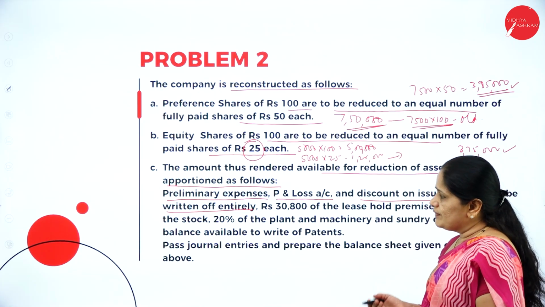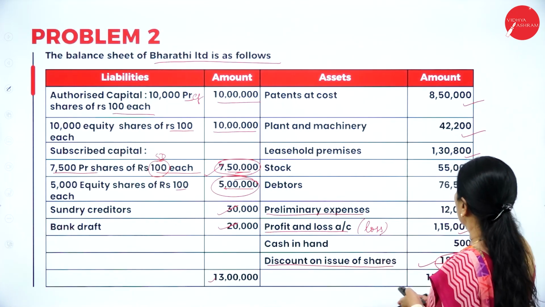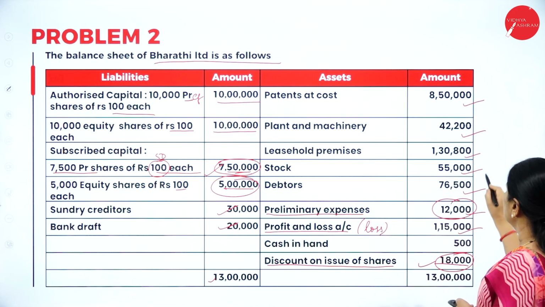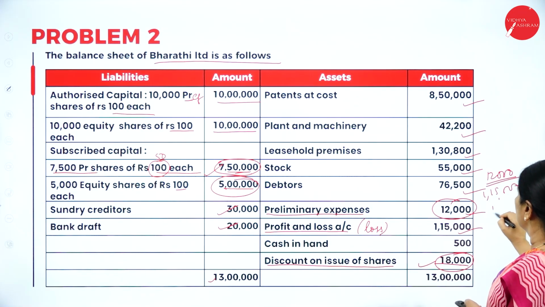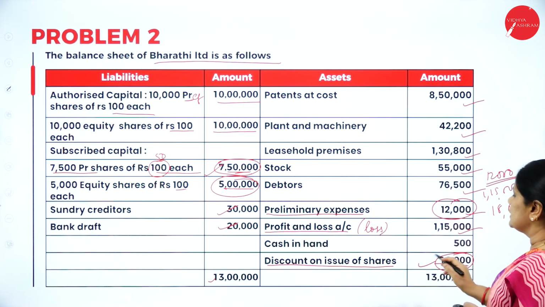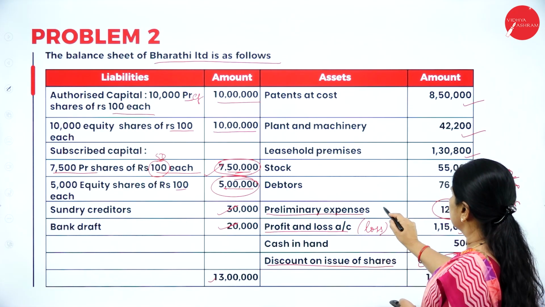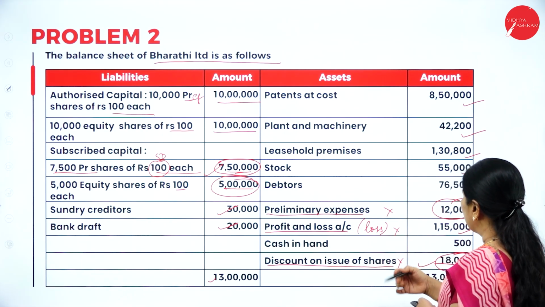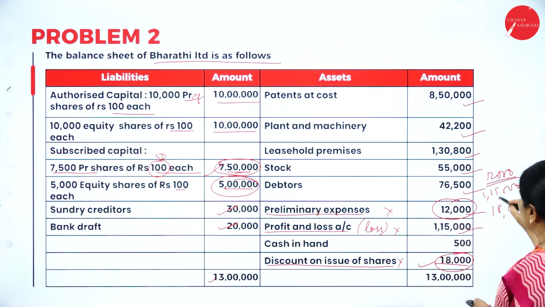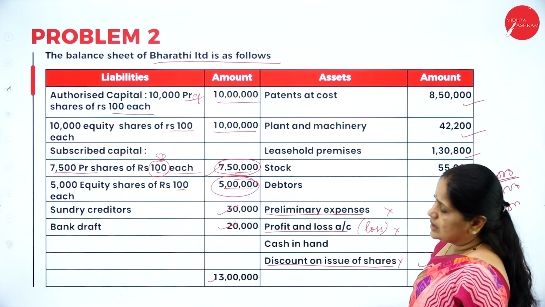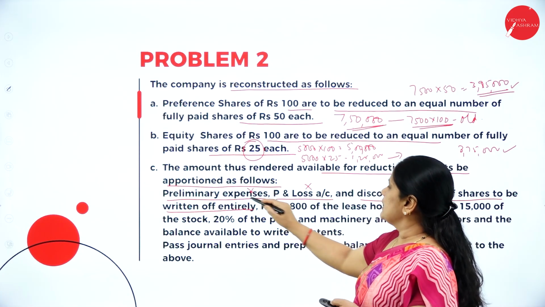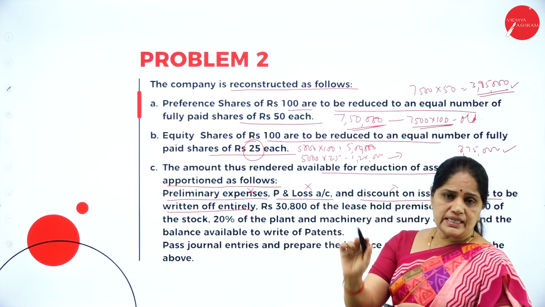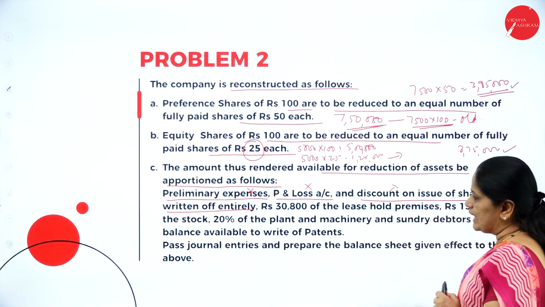The preliminary expenses value is 12,000, so 12,000 should be written off. Profit and loss account, 1,15,000 to be written off, and also the discount on issue of shares. These three items are to be written off, and it will come up to 1,45,000. So the entire amount of these fictitious assets is written off.